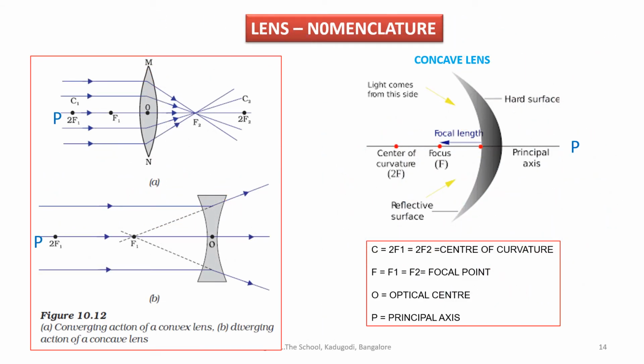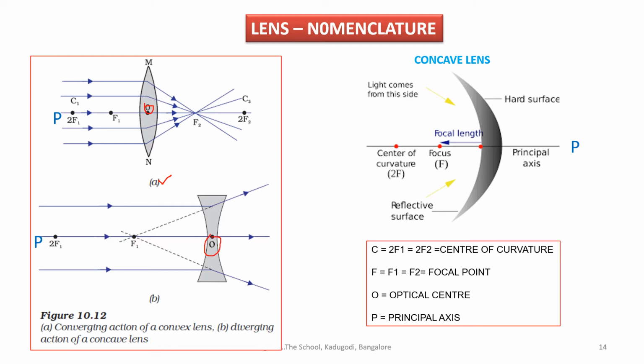Nomenclature means names. What is the naming given? This glass has a double outward curve, that's why it is called convex, and this one has an inward curve, that's why it is called concave. Nomenclature: you are seeing this O. What is O? In this concave lens also, O is given on this point.